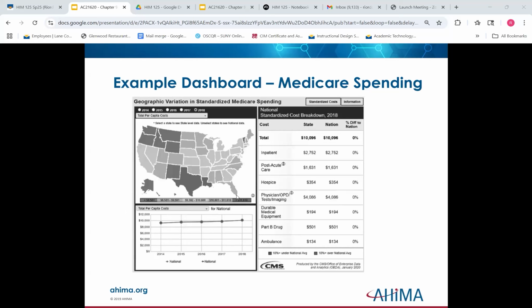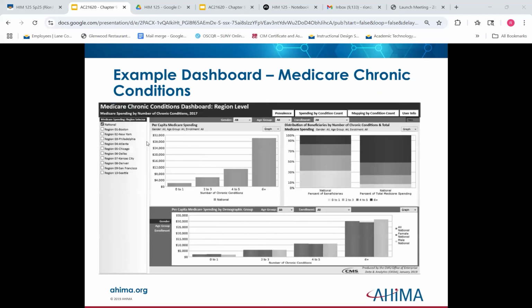We have a geographic variation in Medicare spending. So you could click on a state like Oregon and get state of Oregon level. You could look at it nationally. You could look at inpatient, post-acute hospice, and so on. And Medicare chronic conditions.